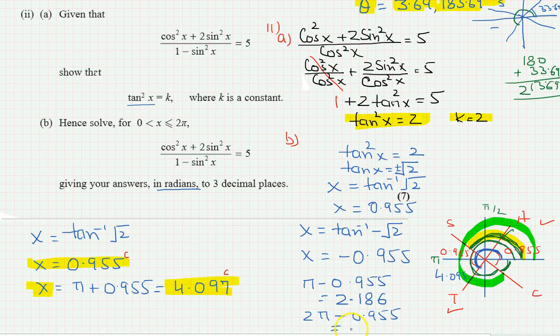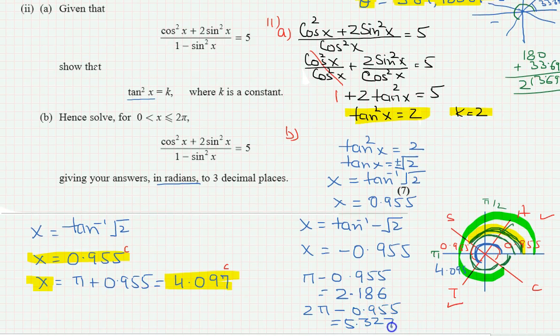So this angle will be 5.3278. Up to 3 places of decimal, this will be 5.328.